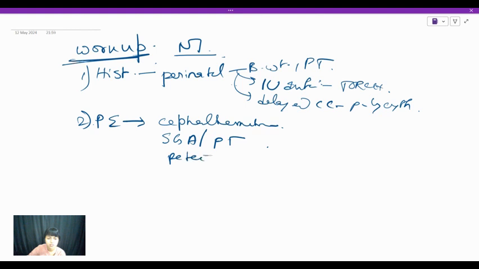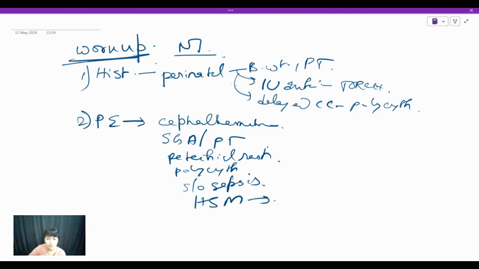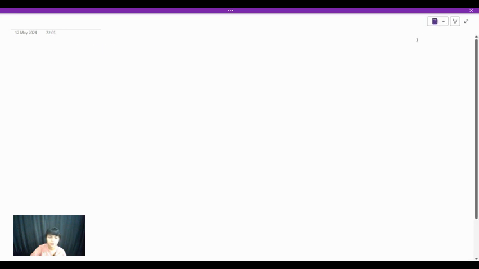Whether the child is having any petechial rash, okay, any polycythemia, okay, any signs of sepsis, and any hepatosplenomegaly pointed towards any metabolic disease as well. Okay, so after taking the history properly and doing a physical examination, you should go for the lab tests.